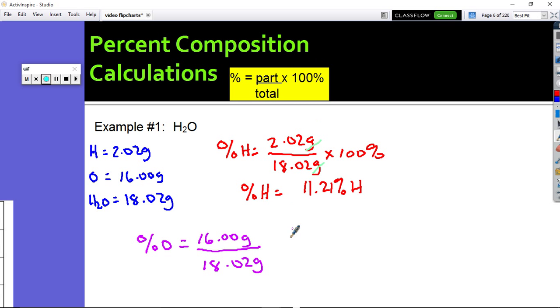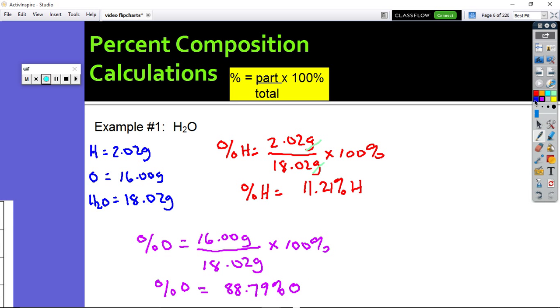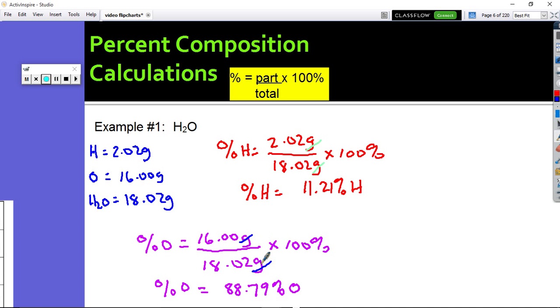So use your calculator and go ahead and plug this in. And when you're done, you should find the percentage of oxygen is 88.79%. And just a little reminder, our units do cancel. We had grams on the top and grams on the bottom, so they cancel each other out, and percent is our remaining unit.